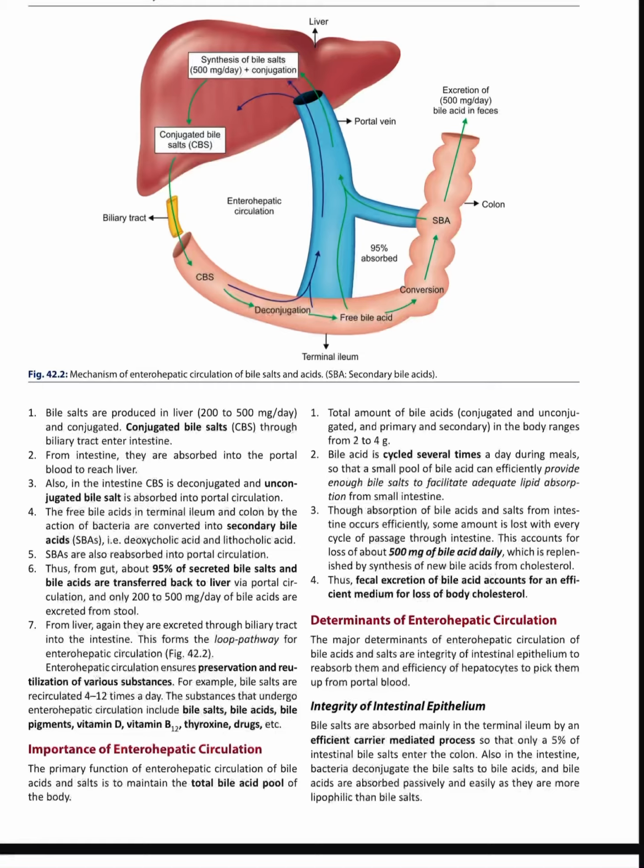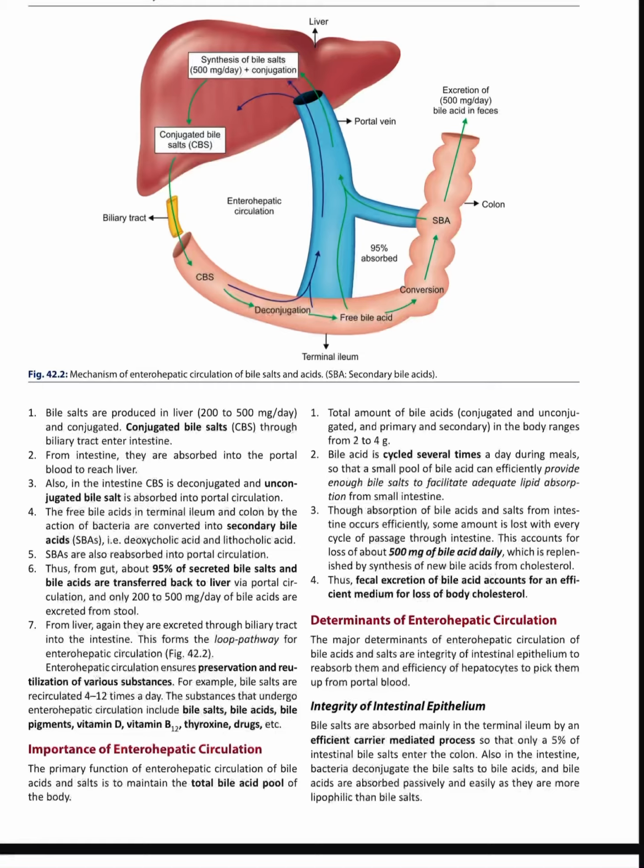Importance of enterohepatic circulation. The primary function of enterohepatic circulation of the bile acid and salt is to maintain the total bile acid pool of the body. The total amount of bile acid, conjugated and unconjugated, primary and secondary, in the body ranges from 2 to 4 grams. Bile acid is cycled several times a day during meals, so that the small pool of bile acid can efficiently provide enough bile salt to facilitate adequate lipid absorption from the small intestine.